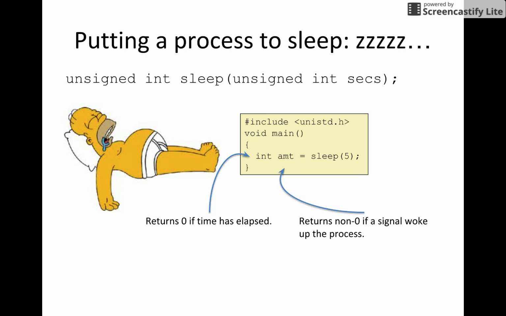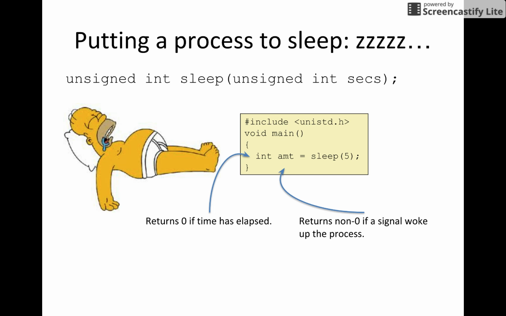One type of process-related function that you often encounter is the sleep function. The sleep function allows you to put a process to sleep for some number of seconds. In this example, you can see the use of sleep by including the unistd.h file, which is where the definitions of sleep come from.